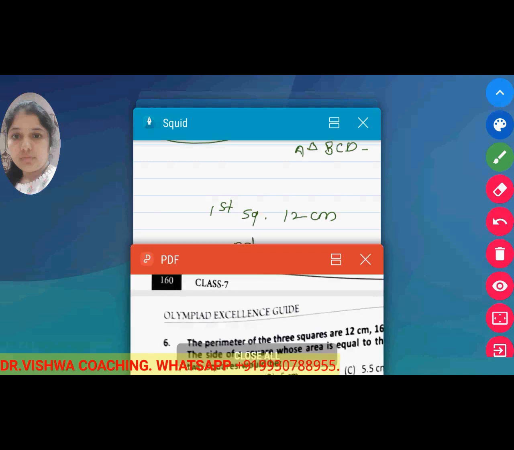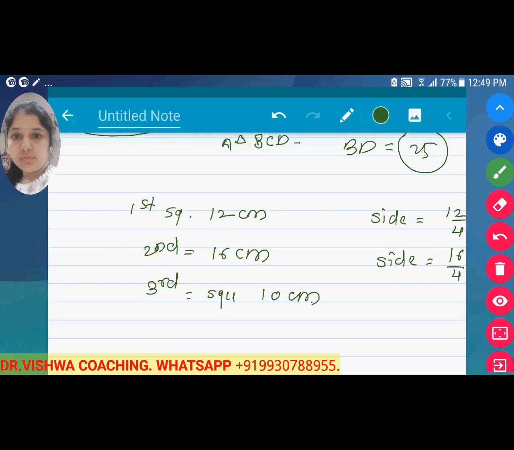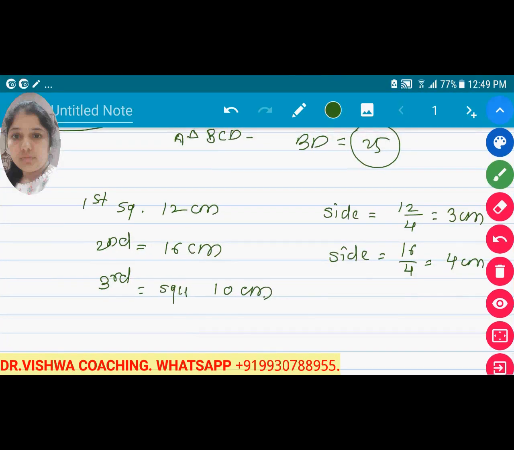Now see, actually they should have given the perimeter of only two squares, because if they give the perimeter of the third square also, the side becomes 2.5. Okay, because 10 centimeter is the perimeter, but this should not be given. Now the perimeters of two squares are given to us.